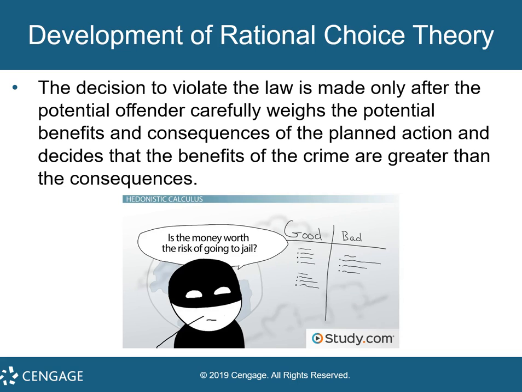And the decision to violate the law is made only after the offender weighs out the potential benefits and consequences of whatever action they're planning, and then decides that the benefits of the crime are greater than the consequences.